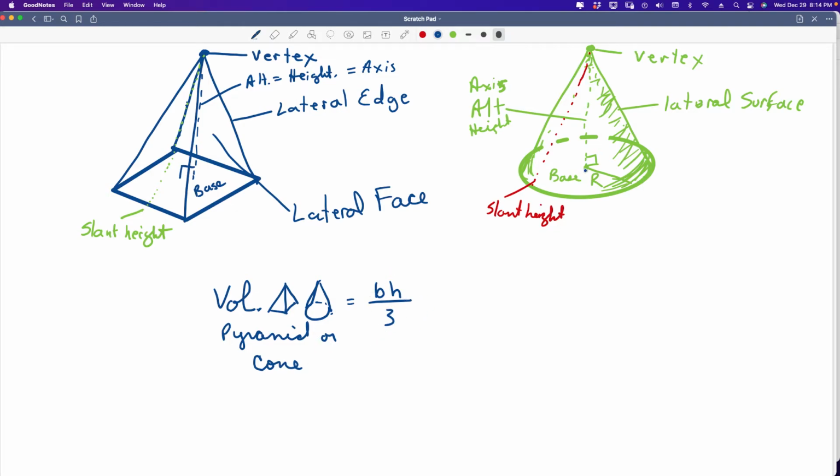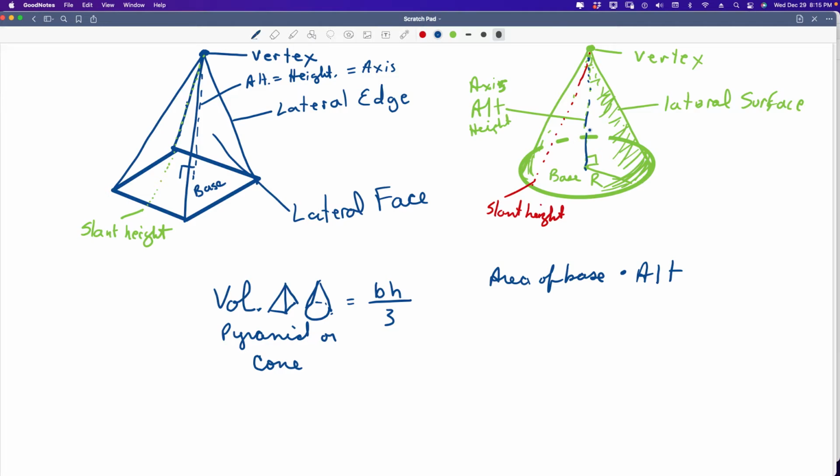So what you would do is you would take the area of the base, right? So the area of the base times the altitude. That's this right here. Right?